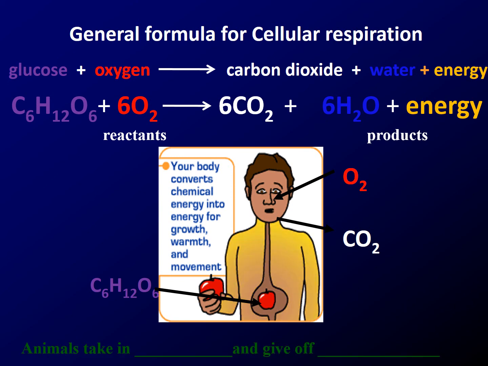So, in short, animals take in oxygen in the form of glucose and gas, and give off oxygen in the form of water and carbon dioxide. This is the complete reverse of photosynthesis.